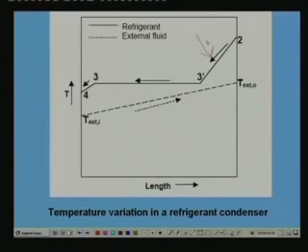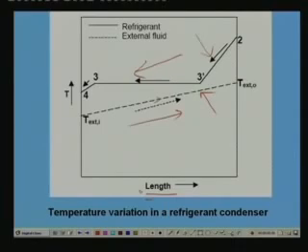Now, the temperature of the external fluid varies in this direction. Of course, you get a linear variation if the specific heat of the external fluid does not vary much. So, you can get almost a linear temperature profile, and what I have shown here is a counter flow. That means external fluid is flowing in this direction and refrigerant is flowing in the opposite direction. The external fluid temperature increases continuously as it flows through the condenser, right.